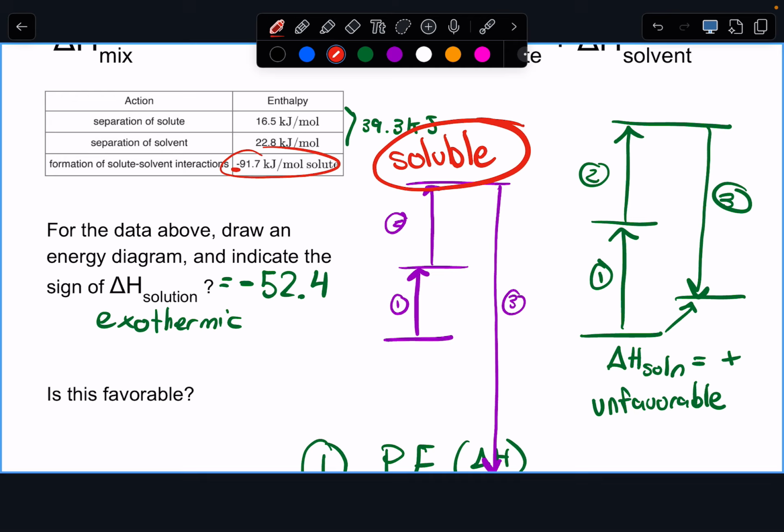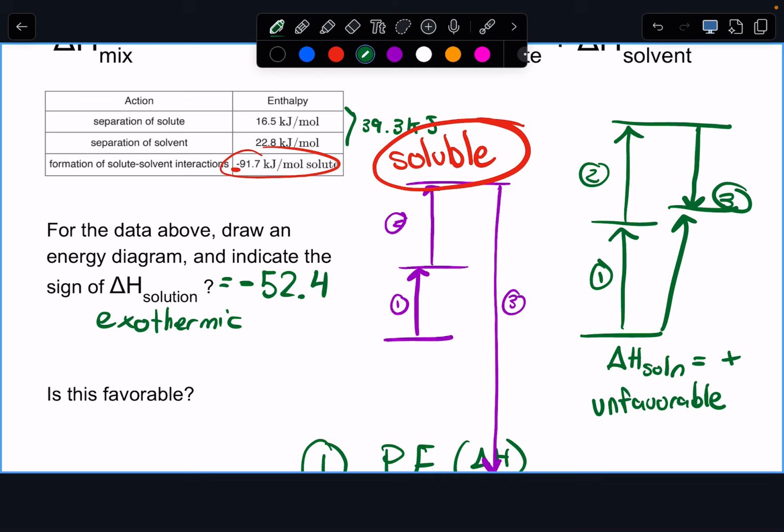Now, slightly is not a very specific term, right? We're just going to keep it general right now. So if it's slightly endothermic, it will also dissolve. But the more endothermic it gets, the less and less likely it is for it to happen. So that is probably not going to happen, okay? The more endothermic it is, the less likely it is to occur.